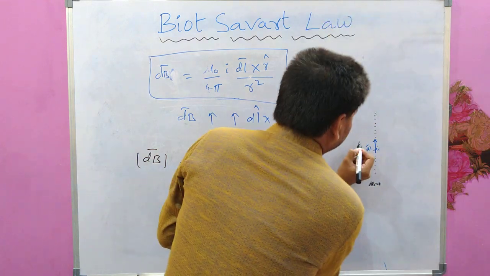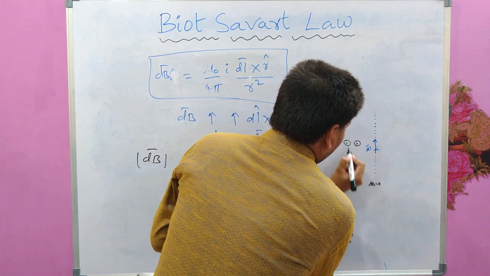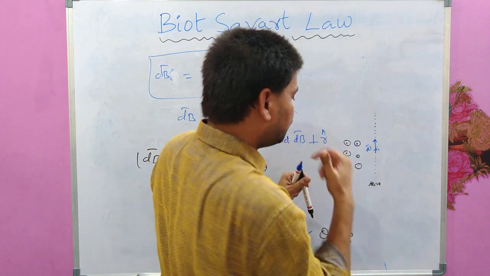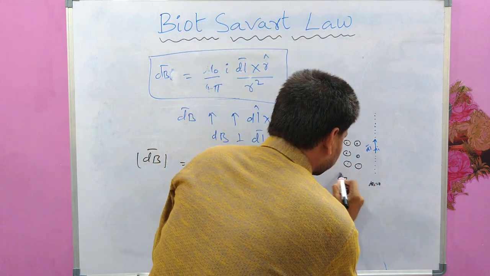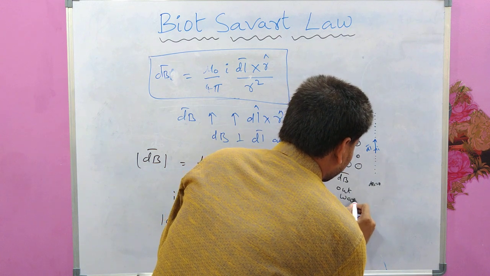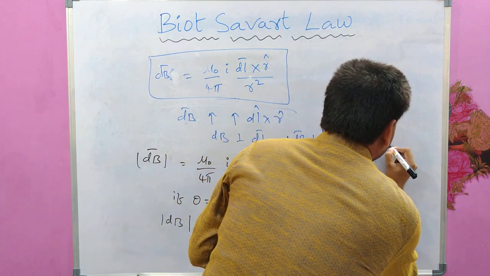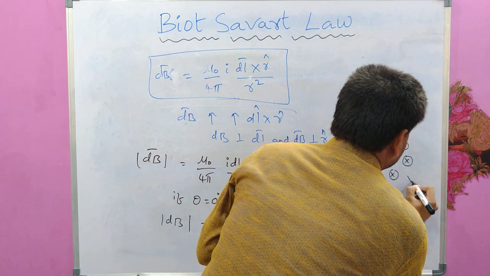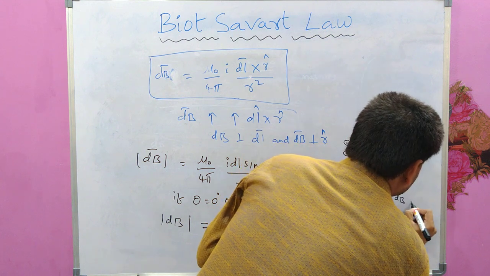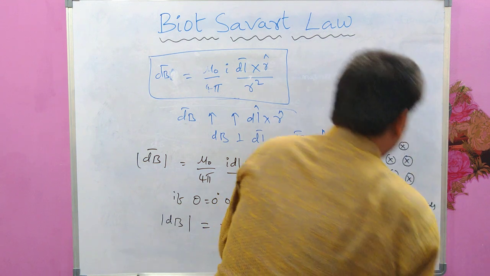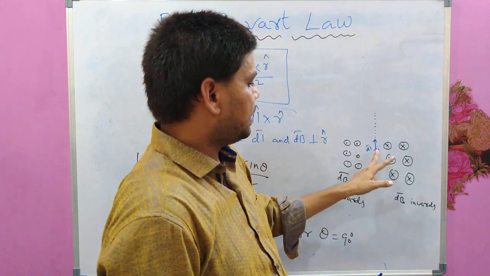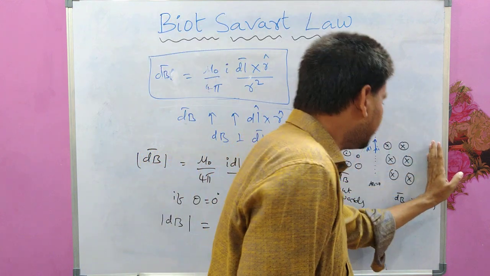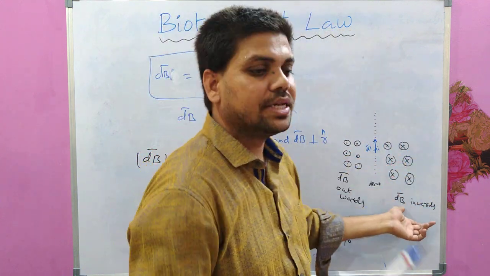So this is why the magnetic field direction on this side would be outwards. The dB is outwards, and here the magnetic field direction would be inwards. Towards the left of this current element, this magnetic field direction is outwards, and on the right side of this current element, the magnetic field is inwards.